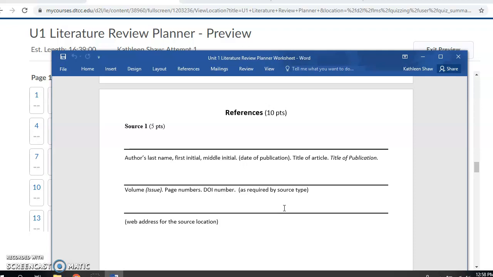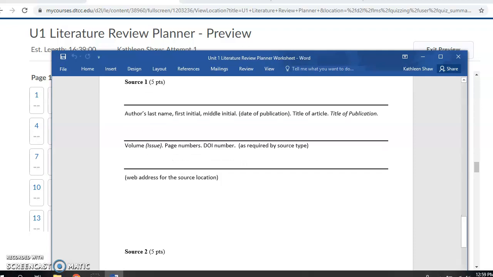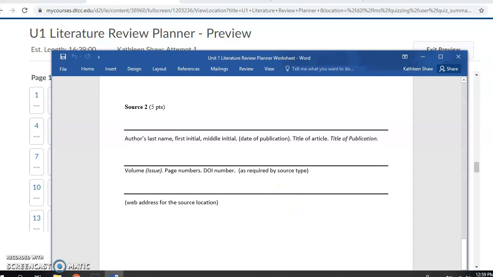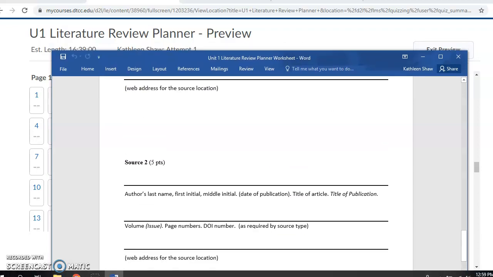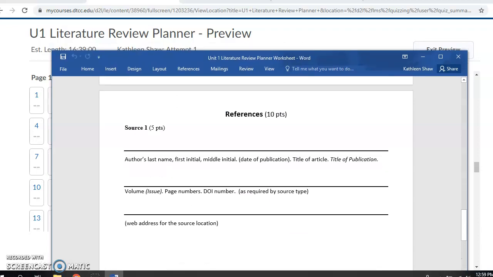So that covered the APA reference sources, and I'm also going to explain a couple sites that you could potentially use to help you out in creating these references, as well as a quick breakdown guide of these types of sources that you might want to use. So you're going to have a reference for source 1 and a reference for source 2. So these are the actual APA references that come at the end of the paper.